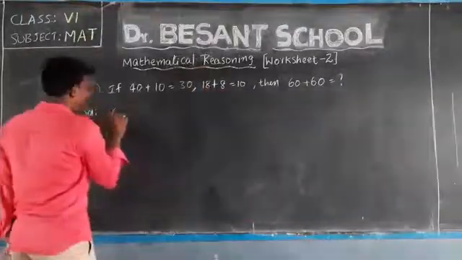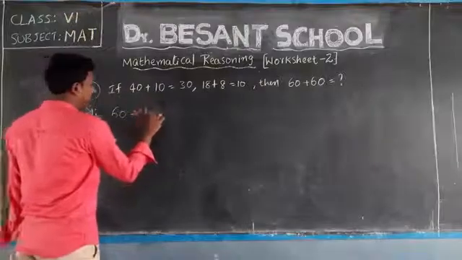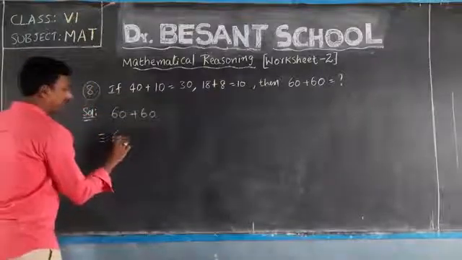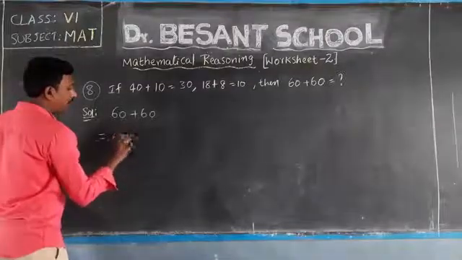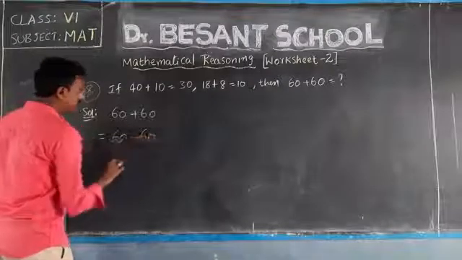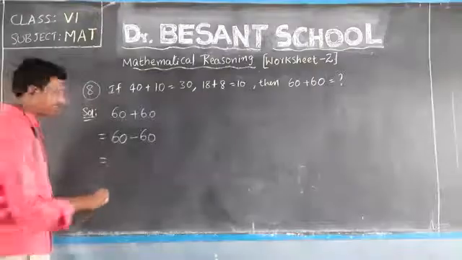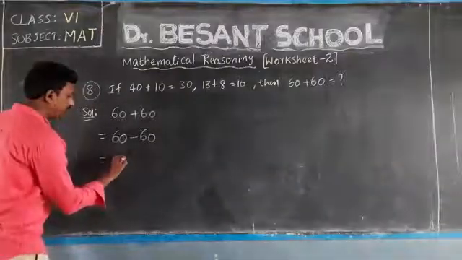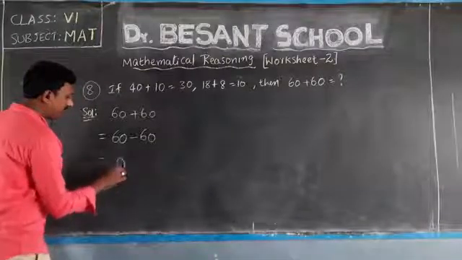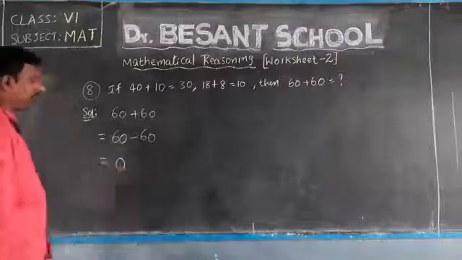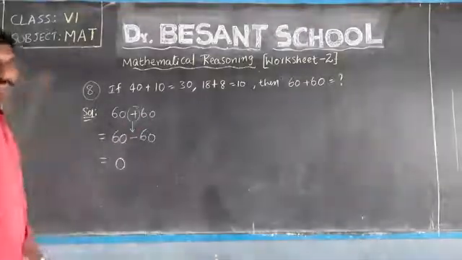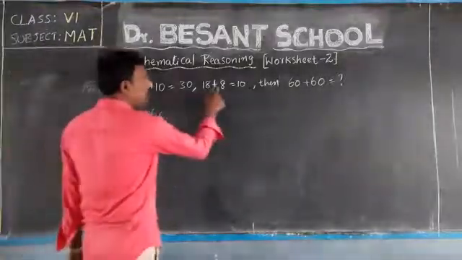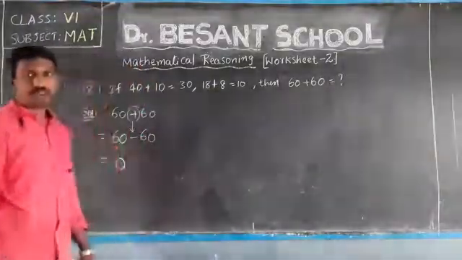Then 60 plus 60 equals, in the place of plus, what do you have to do? Yes, we have to use minus. 60 minus 60. How much? 0. So this answer is also 0 like the previous problem. We have to perform subtraction based on the hints given here.